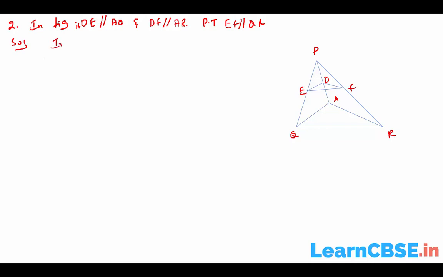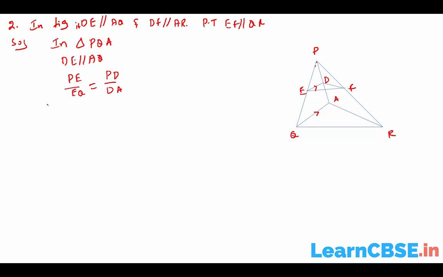Solution. In triangle PQA we have DE parallel to AQ, that means these two are parallel. So you can write PE by EQ equals PD by DA.